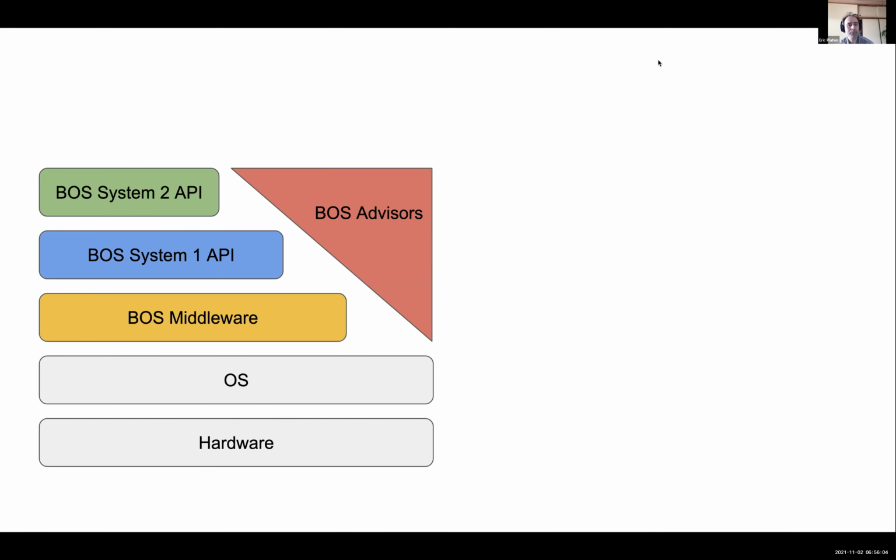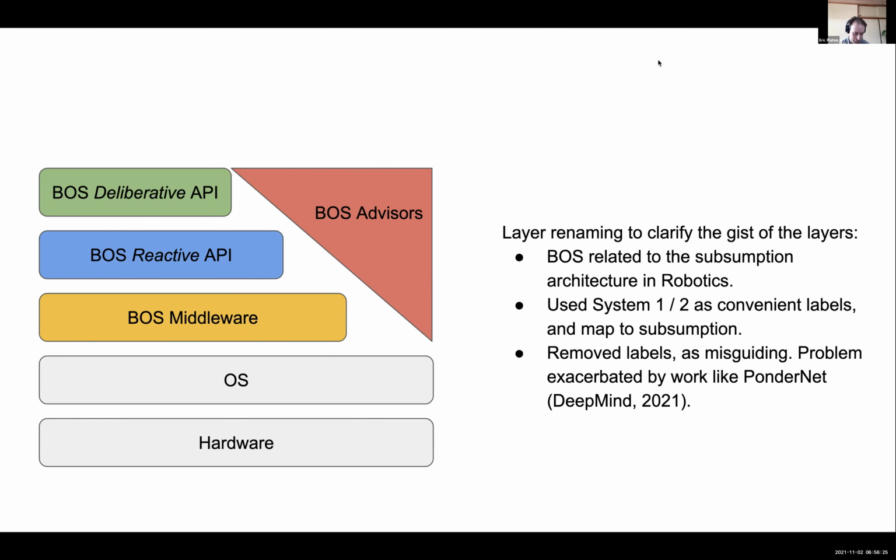This stack uses names like System 1 API and System 2 API to map to recent concepts that became a kind of mainstream from psychology. But I'm renaming that right away for a couple of reasons. The System 1 becomes a reactive API, and the System 2 becomes a deliberative API.